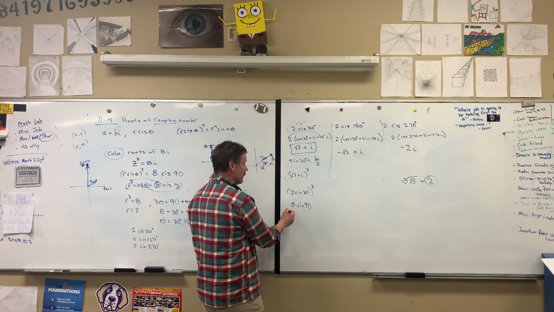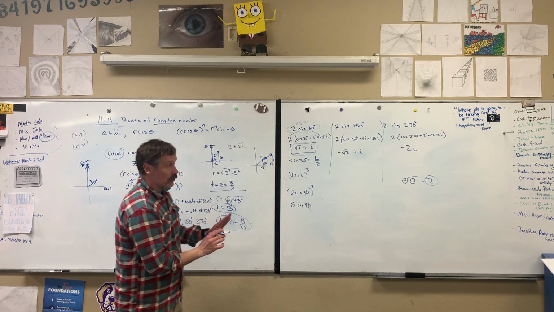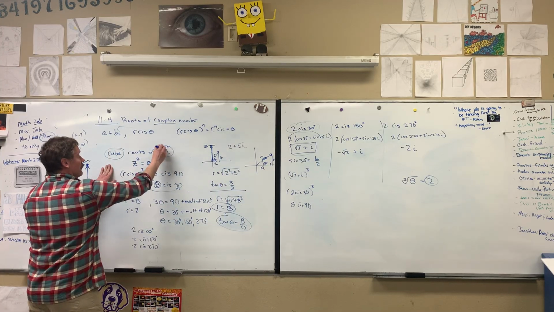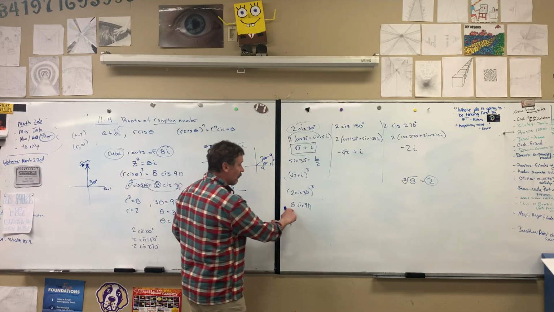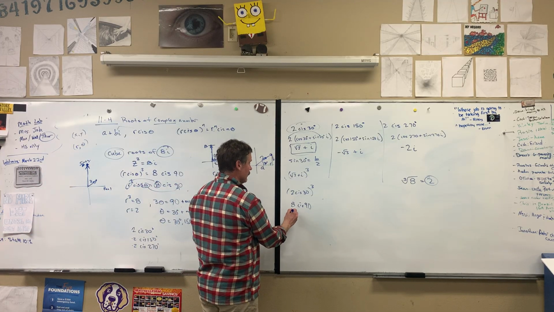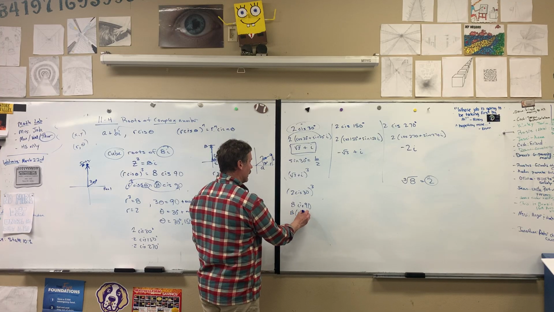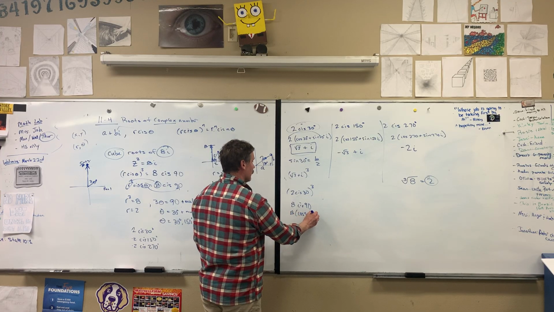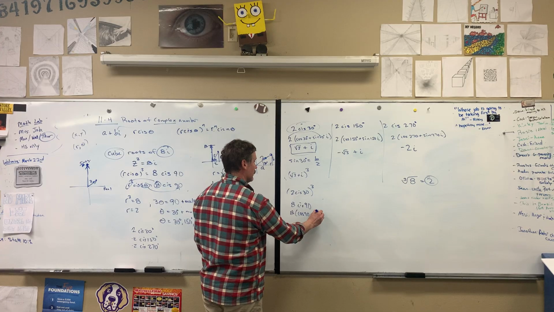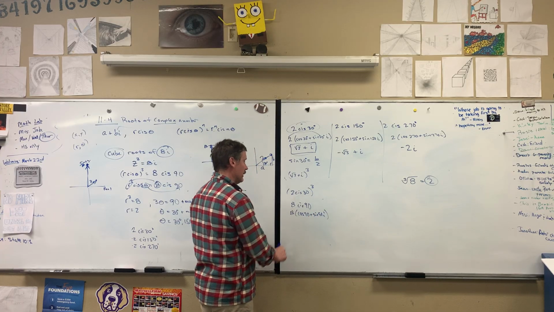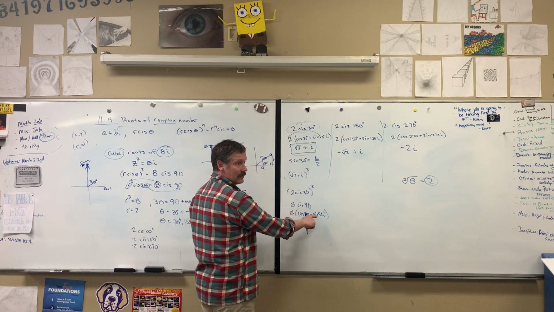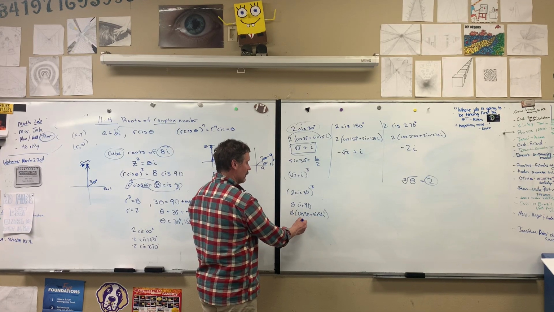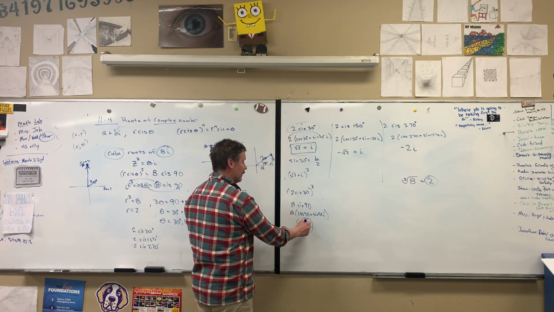Now, what were we looking for originally? Rectangular, which is 8i. And so if we say, well, what's 8 cis 90? You could go 8 cosine of 90 plus sine 90 i, right? And what's cosine of 90? 0. What's sine of 90? 1. And so what would you end up with? 8i, right?